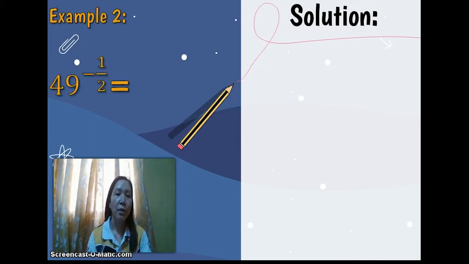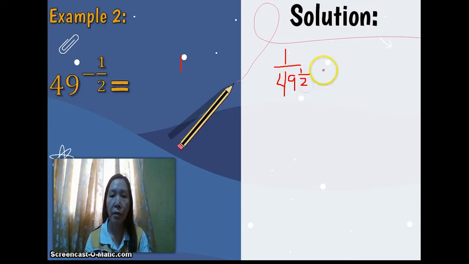Next, this one we have a negative exponent. So 49 raised to negative 1/2. Again, this is a negative exponent. We will write 1 in the numerator, and then we will write the solution here. So we have 1 over 49 raised to negative 1/2. We will drop the negative sign and the exponent now will become positive 1/2.